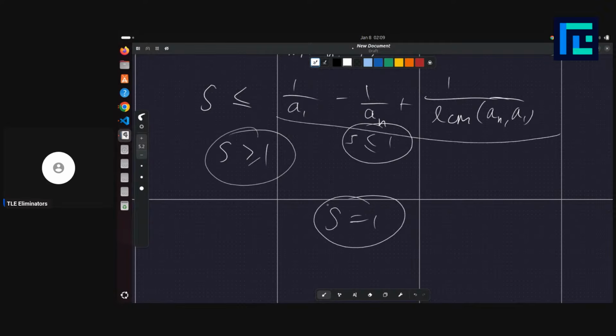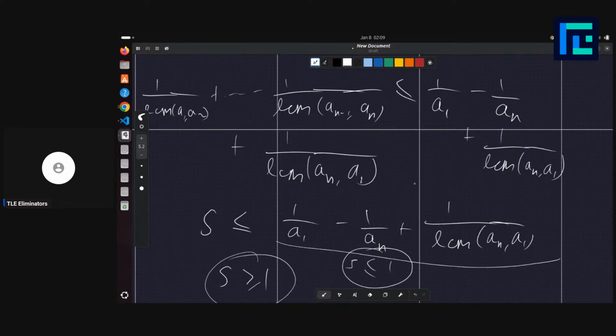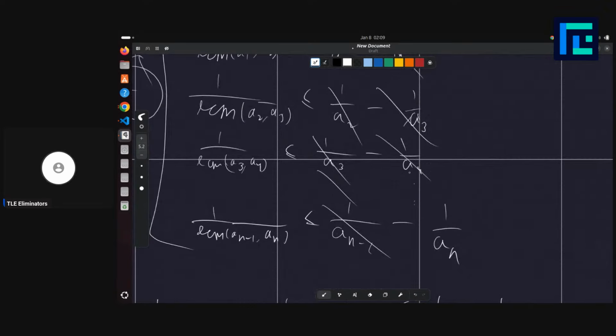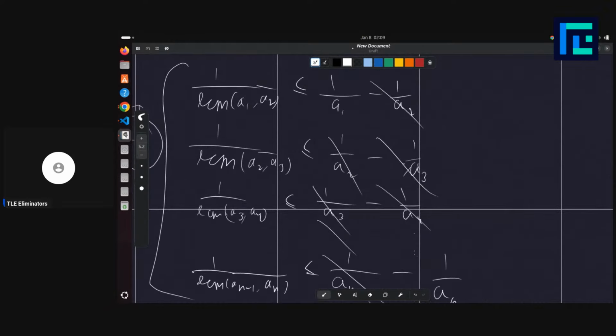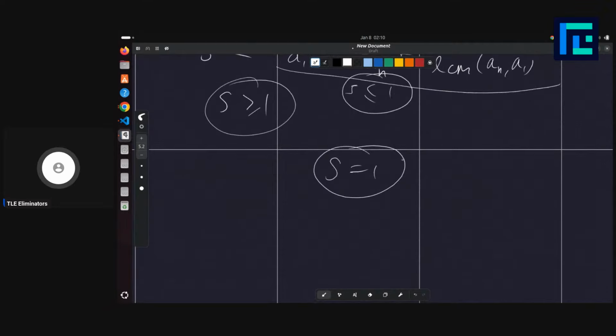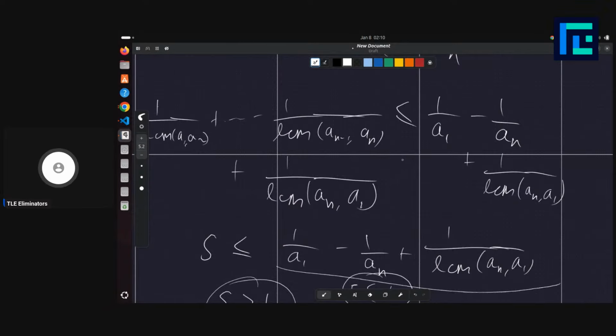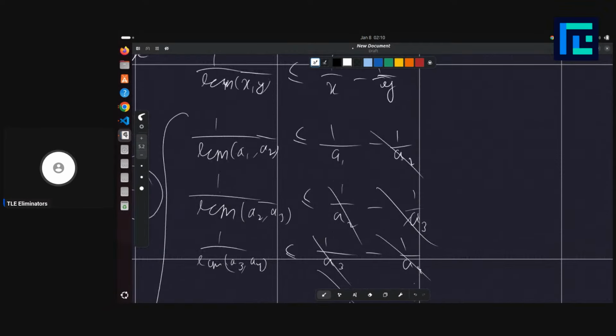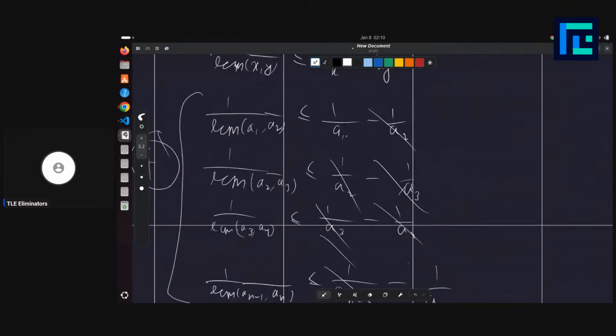And what is the condition for that? When will we get s equal to 1? s equal to 1 will happen if and only if all of these inequalities are actually equalities, right?